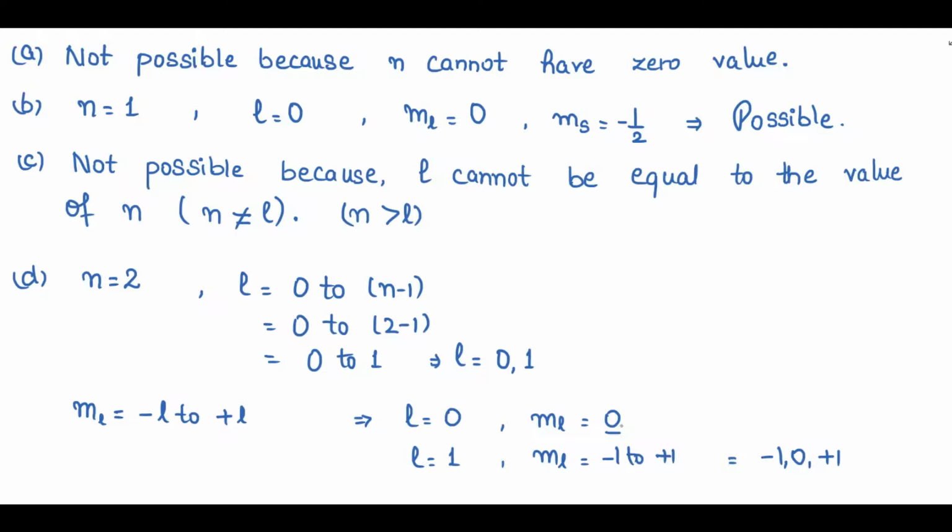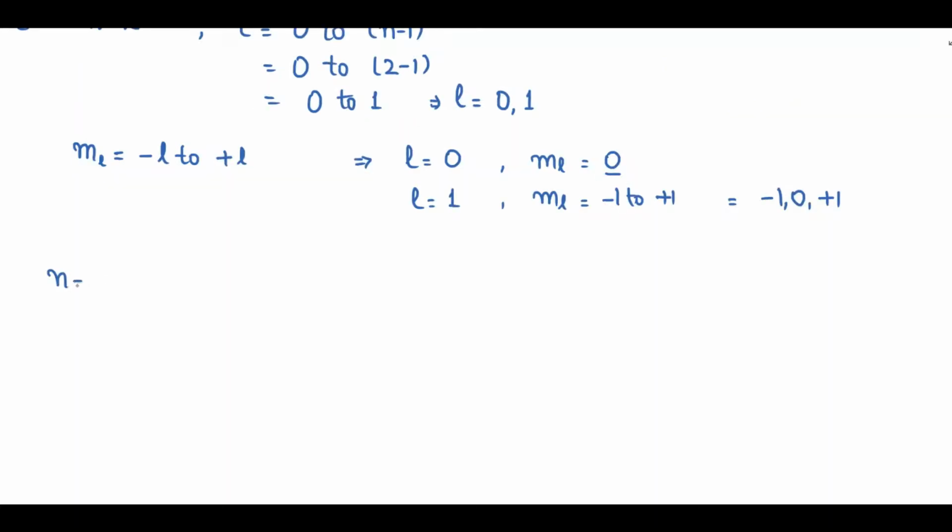That means one of the orbitals for this set of quantum numbers can have m_l equal to 0. So this set of quantum numbers is possible: n equal to 2, l equal to 1, m_l equal to 0 and m_s equal to minus half.